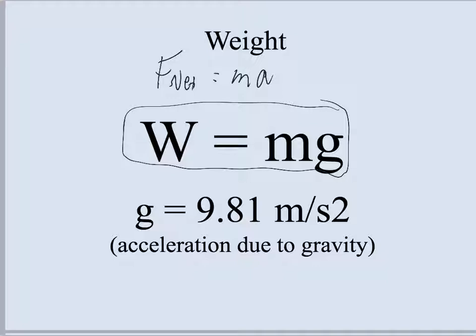So when we write this formula out for weight, we see that it basically is the second law of motion, where g is always 9.81 meters per second squared. So when we're trying to calculate our weight from a mass, and we simply multiply by 9.81, believe it or not, we're just using the second law of motion for that.